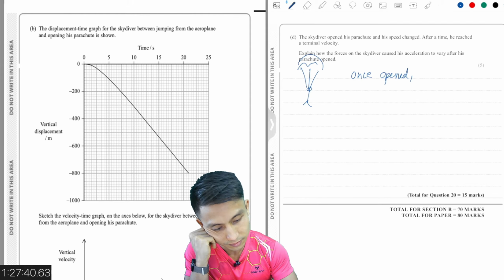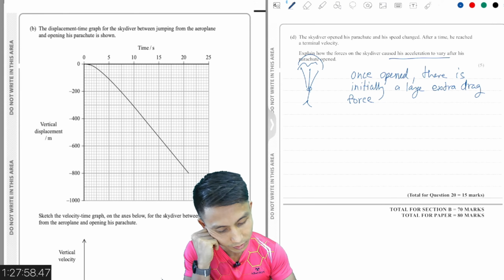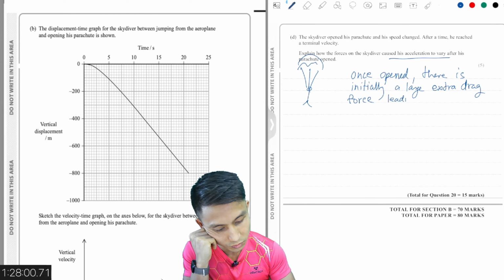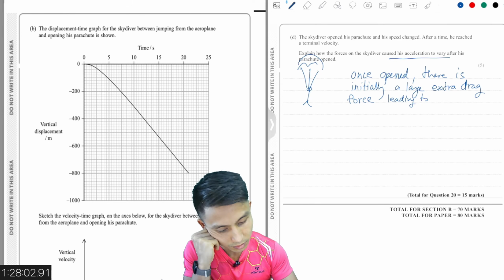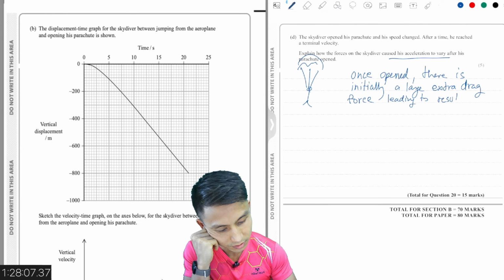there is initially a large extra drag force, leading to upward resultant upward acceleration.